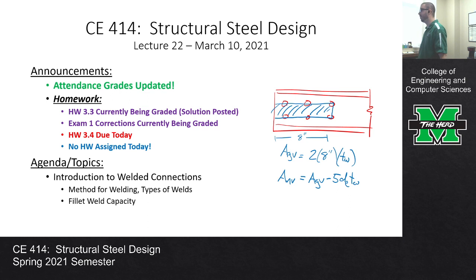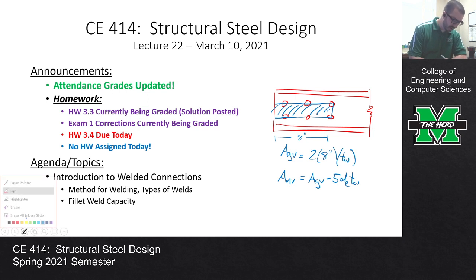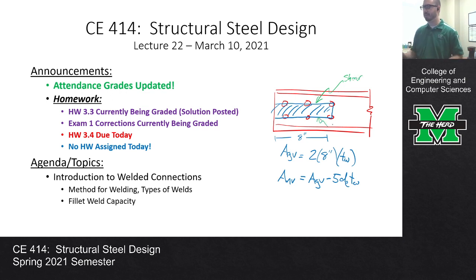Not yet, because we haven't finished grading them yet. They will, but not yet. But the point I'm making here is that this is in shear, but also that as well. So there's 2 shear paths. And as for the holes, it's 1, 2, 3, 4, and then 5 because you get a half on each end.